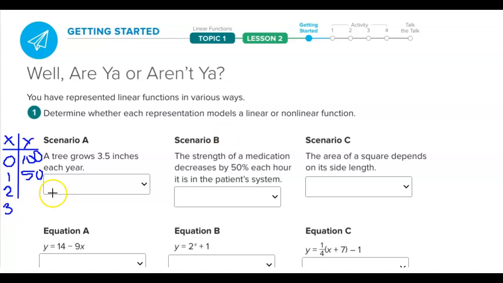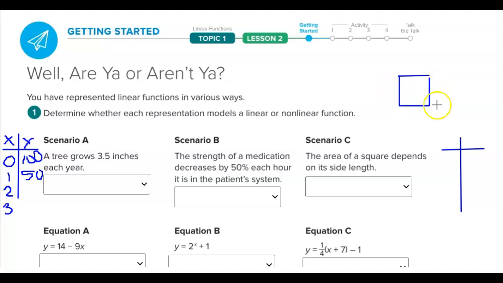You fill out the pattern and decide, is it linear, is it nonlinear, or is it not a function at all? The next one is you're looking at the area of a square depending on the lengths of its sides. If you remember, you'll have to review a little bit about what you know about squares and area. So if you have a square, I'll do my best to draw a square, not a rectangle. I mean, it's a rectangle, but it's also a square.